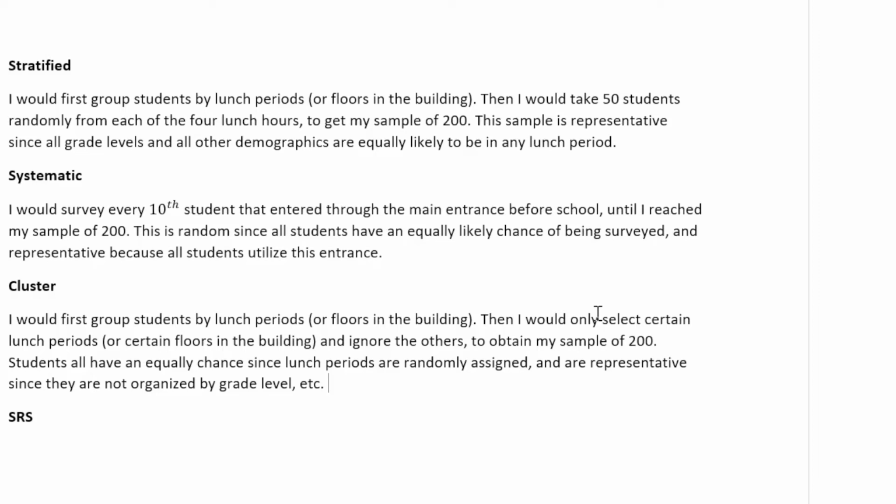So again, as long as you're using those keywords that explain why it's random, why it's representative, we are good to go there.